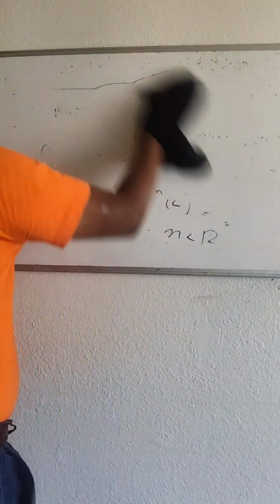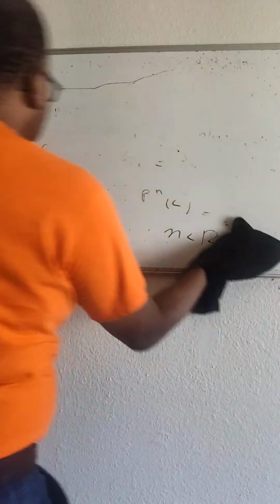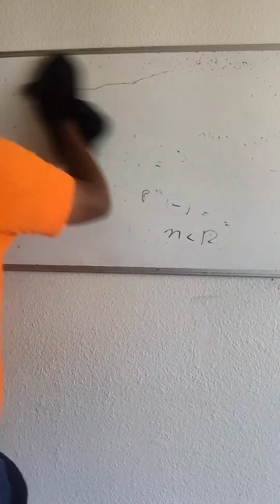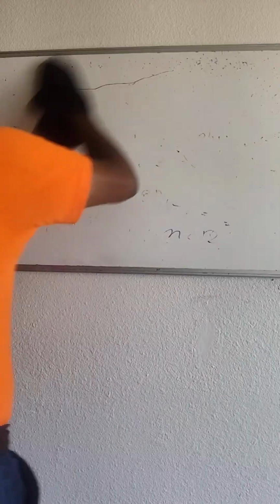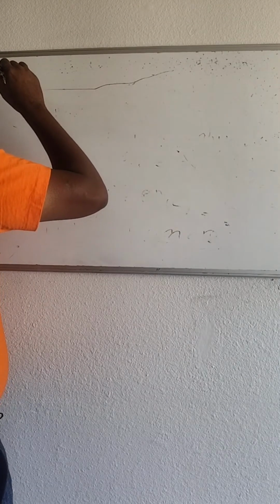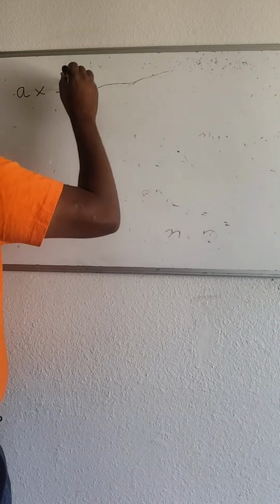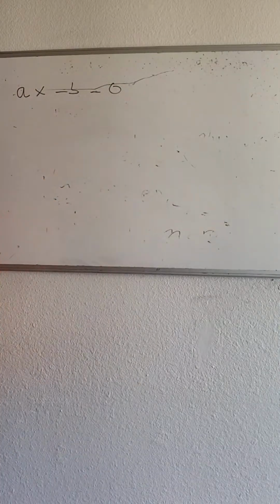And again, this is a synopsis. So we developed an abstract idea of a polynomial. So let's experiment. So we're going to solve for this polynomial right here, ax minus b equals 0. We're going to solve for that.